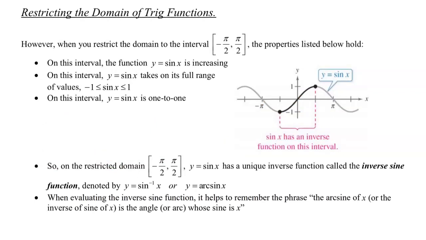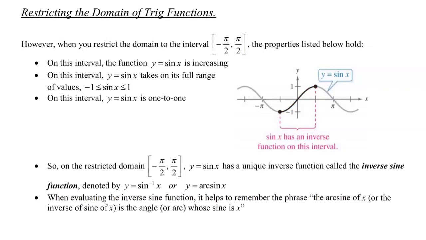Okay, so this particular slide I think is going to hopefully help what I just said make a little bit more sense. And so when you restrict the domain of the sine function to the interval -pi over 2 to pi over 2, the following properties listed will hold. And so on that interval, the sine function is increasing. And you can see from this point up until this point here that yes, sine of x is increasing.